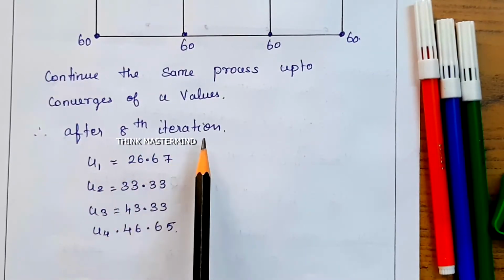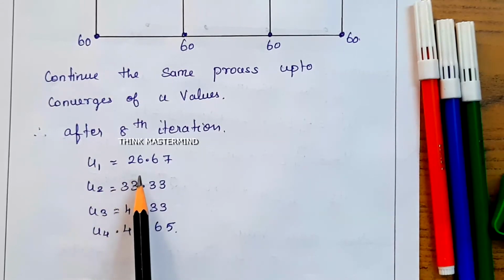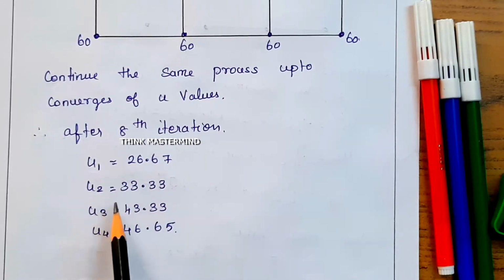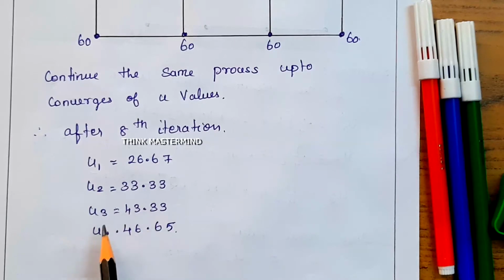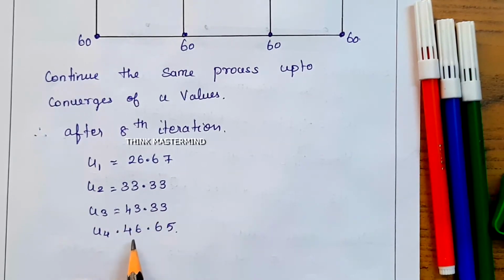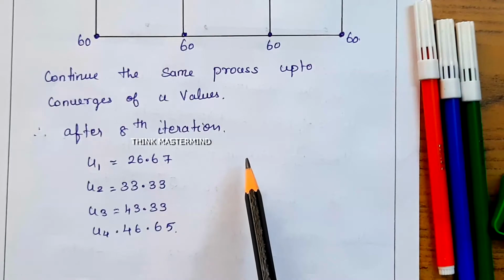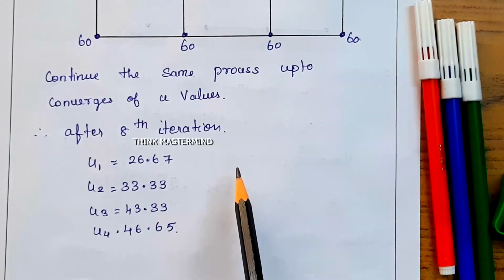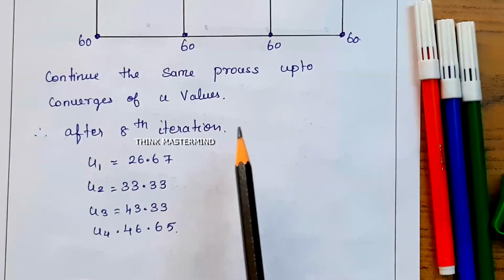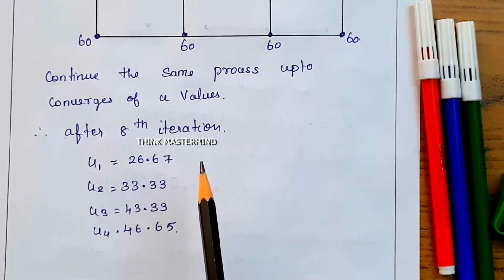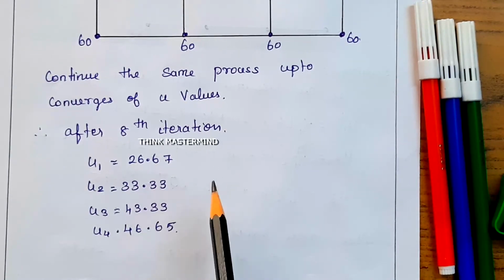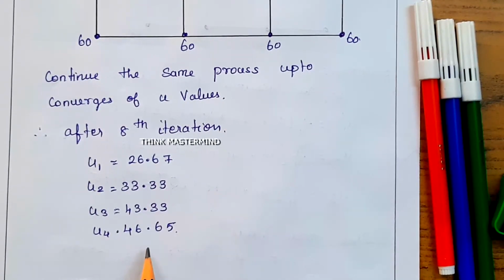After the 8th iteration, we get u1 as 26.67, u2 as 33.33, u3 as 43.33, u4 as 46.65. Here there is no need to write the formula every time, iteration 1, 2, 3 and so on. In a square mesh you can find the new value of u1 using the new values of the surrounding points. This is the solution of the given problem.